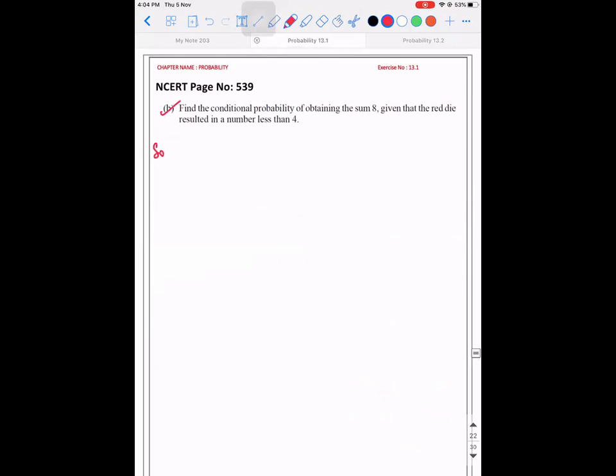The second part is to find the conditional probability of obtaining, again I'll write it as E given F. In this question, E has a different context. E is obtaining a sum equal to 8, given that the red die is less than 4.